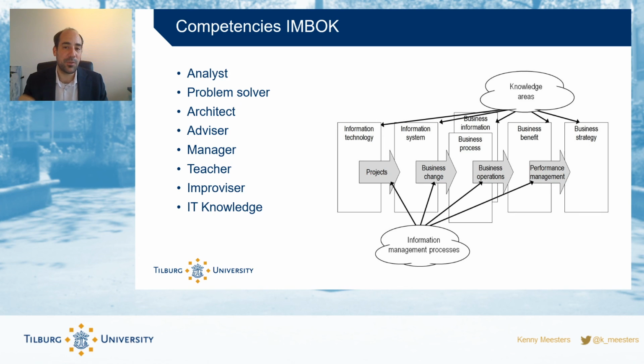And these are aspects that, if you are an information manager and you're responsible for a project, you don't necessarily have to be a coder, but you do need to understand what is possible and what is not. So you need to have some IT knowledge, but you also probably need to train users. You need to teach them. You need to manage the project, guarding the scope. You need to think about the design of all the systems interacting with each other. So an architect, you need to solve problems. You need to analyze what is needed.